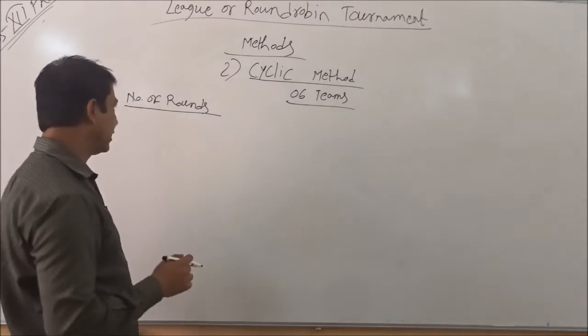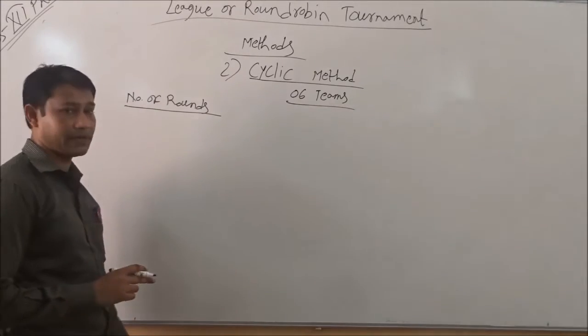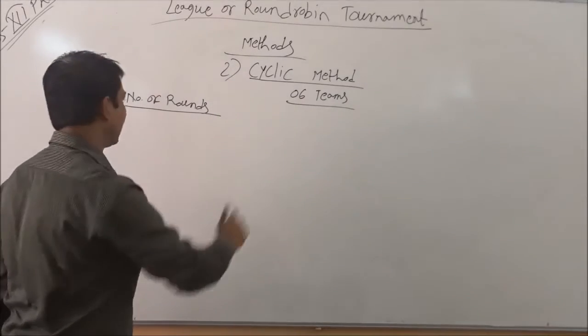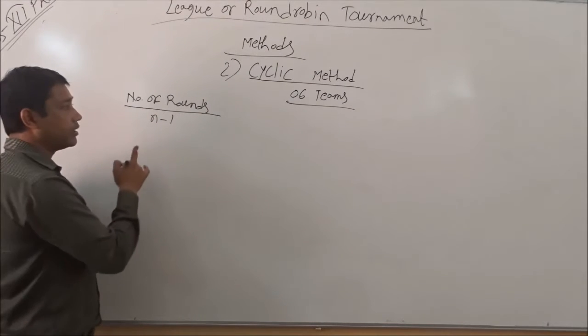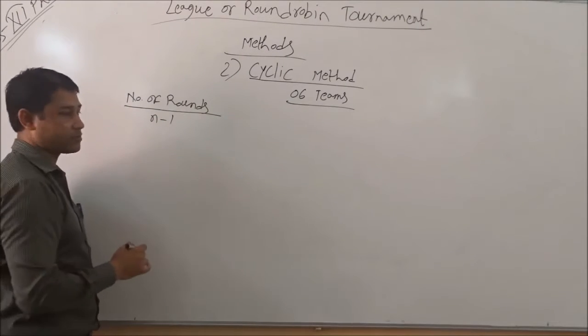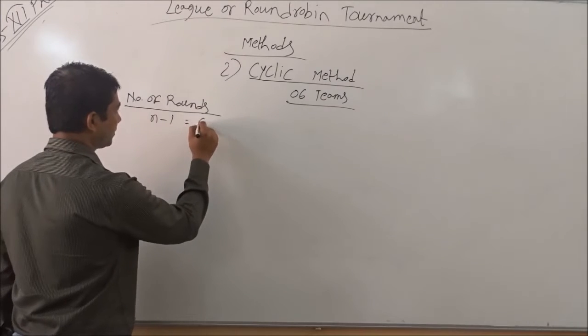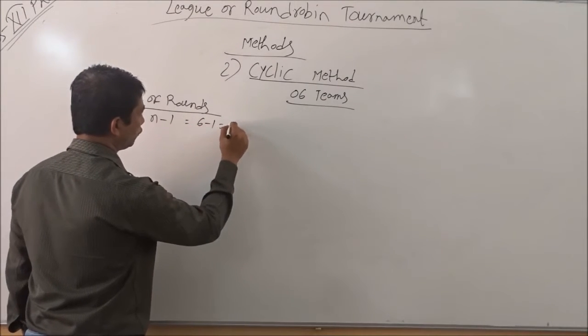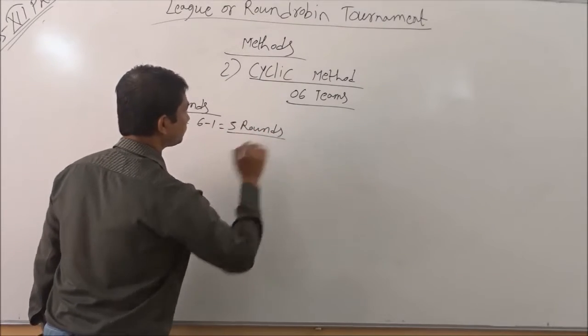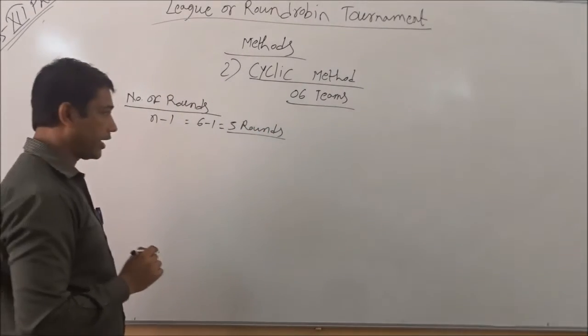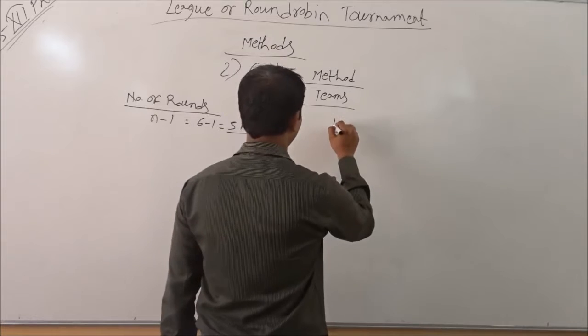As I had told earlier, for even number of teams participating in a cyclic method, the formula would be n minus 1, where n signifies number of teams participating. That means 6 minus 1 will be 5 rounds. Okay, next will be number of matches.